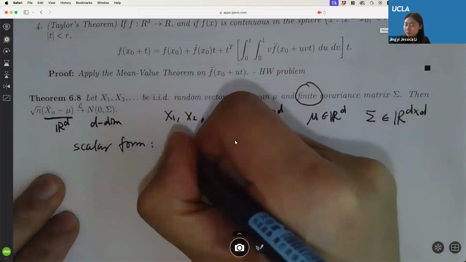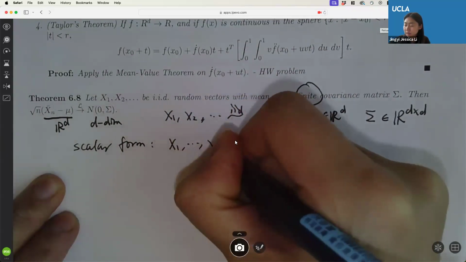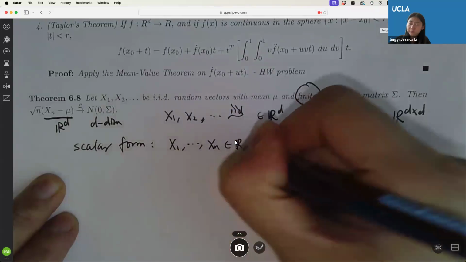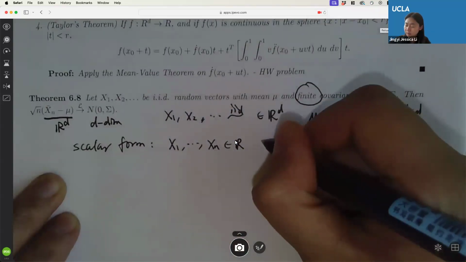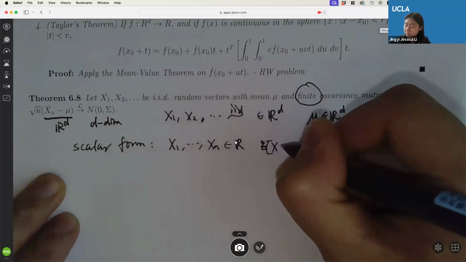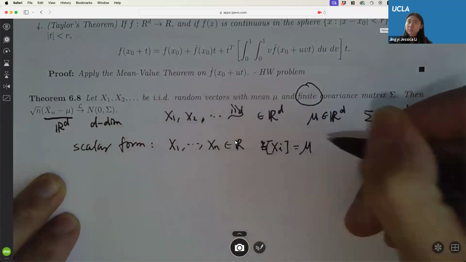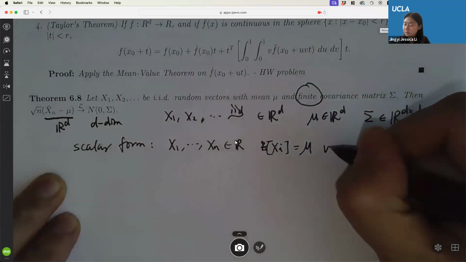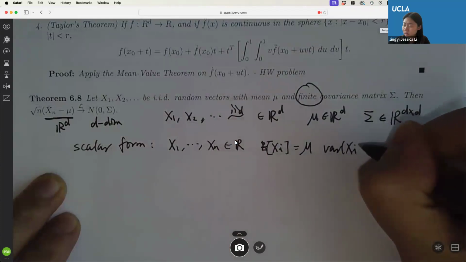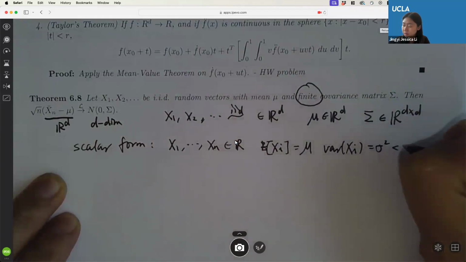That is, if we have x1 to xn, just real numbers, okay? And if we have expectation of xi being mu, and we have the variance of xi being sigma squared, finite.